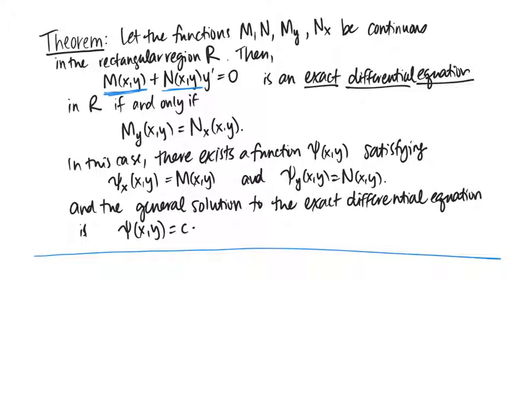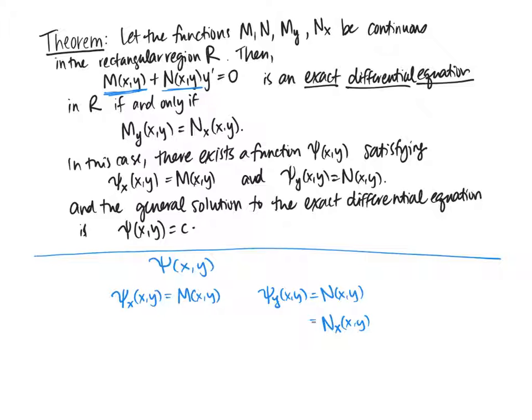So this psi is kind of like my top level function. So I'm going to draw this. And then the partial derivatives of psi, what are they? The partial derivative with respect to x of psi is M, and the partial derivative of psi with respect to y is N.